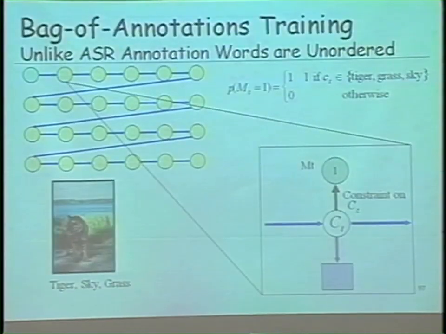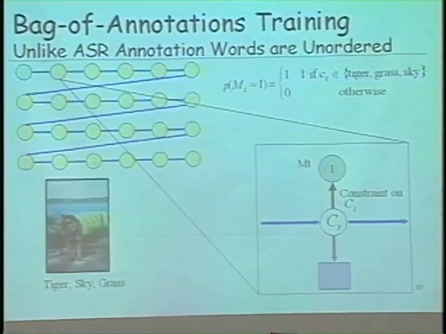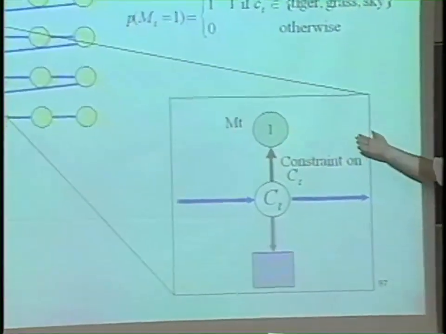Okay, so we have these models. How are we going to train them? What we do in GMTK is we have a concept state, which generates an observation. And we have an observed state, m sub t, which is always observed to be 1.